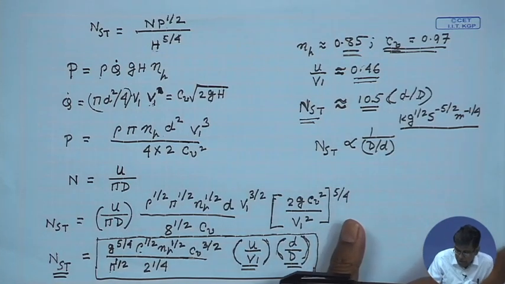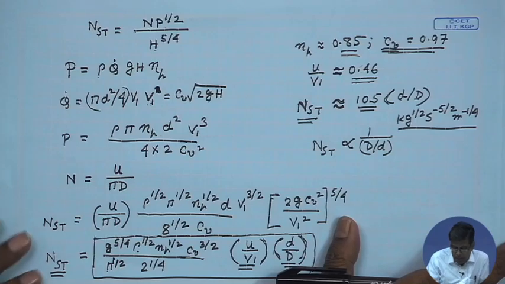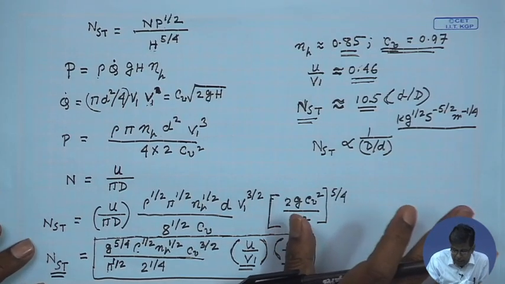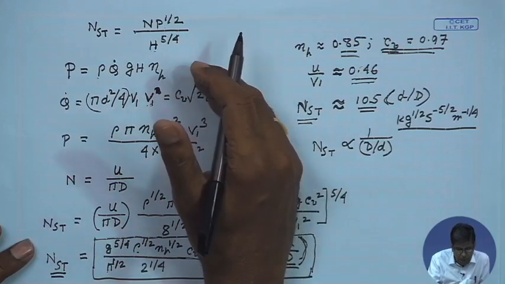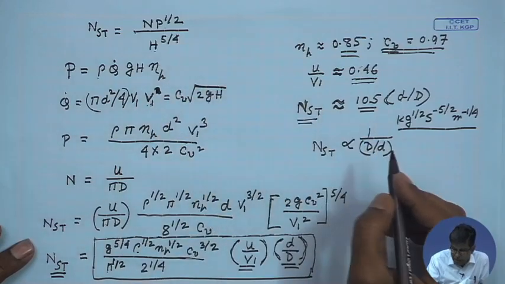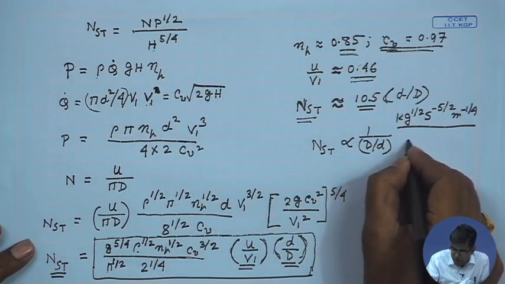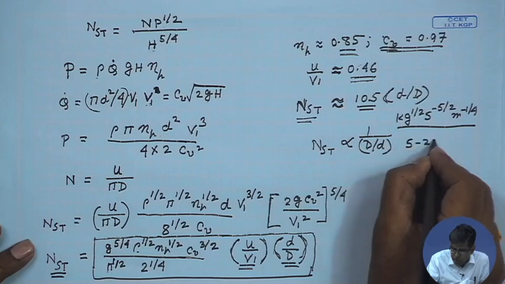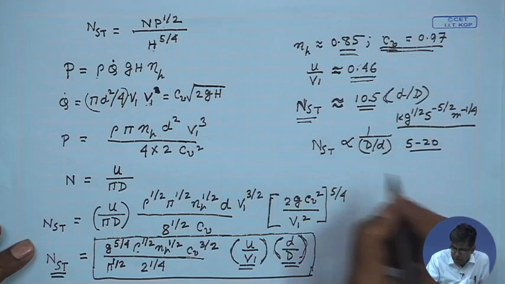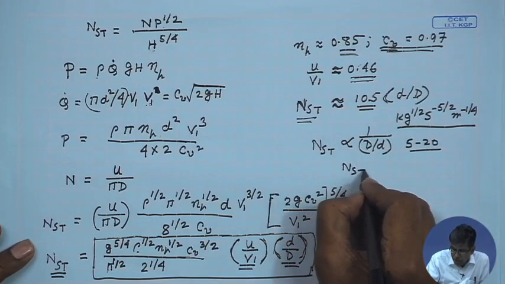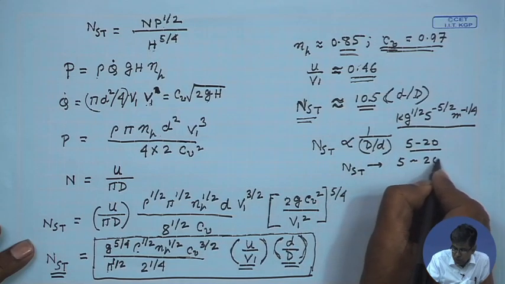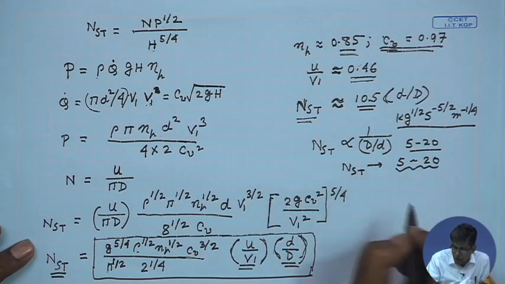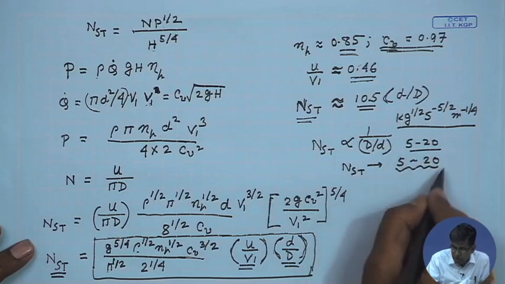Now, Pelton wheel is usually very efficient at a small available head, and usually the specific speed lies between 5 to 20. That means the specific speed of a Pelton wheel usually lies between 5 to 20. Of course, this depends upon the number of jets.